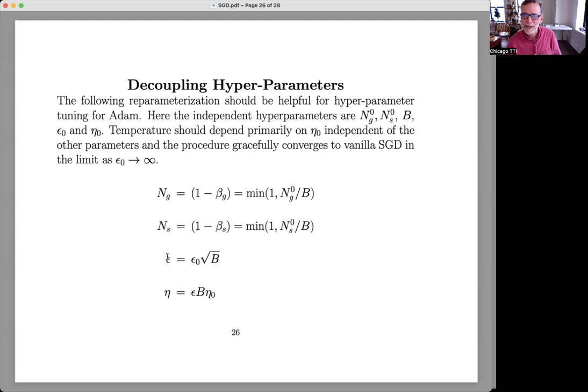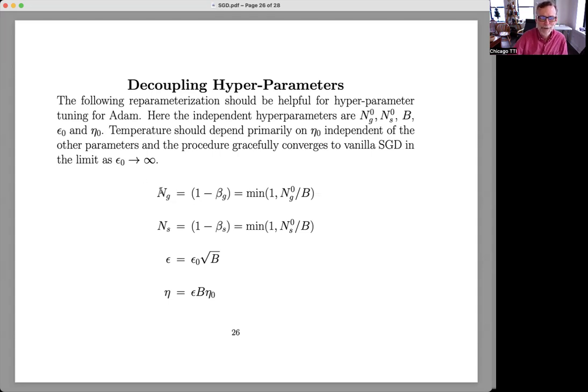We've got this epsilon, and it turns out that epsilon is an important hyperparameter of Adam. And we've got Adam's learning rate. So the claim is, if I redefine the parameterization, take different independent parameters, I'm going to talk about N_G0, N_S0, the batch size, epsilon 0, and eta 0.